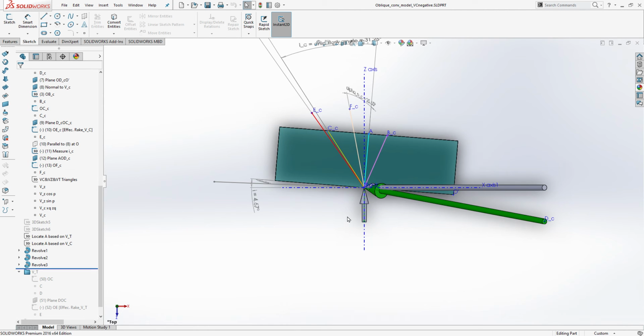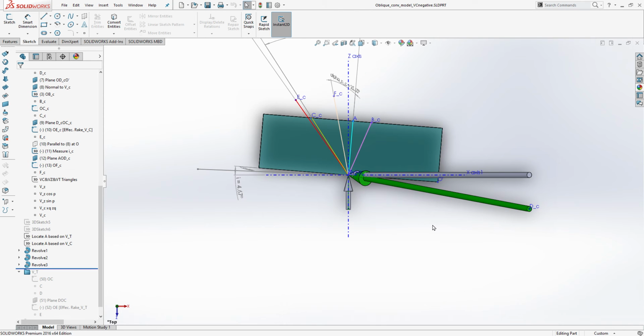But the OC, where the chip flows, depends on the direction of the cutting velocity.